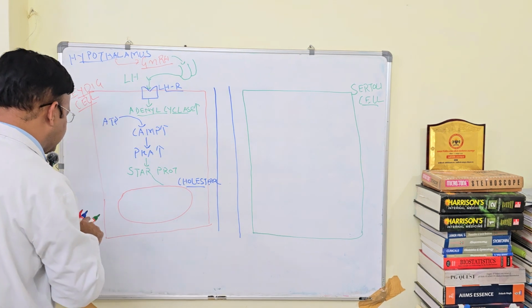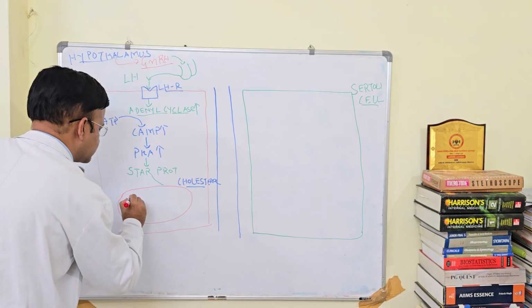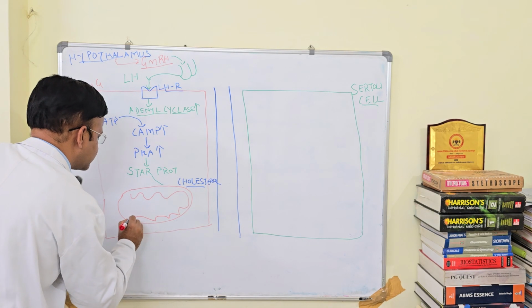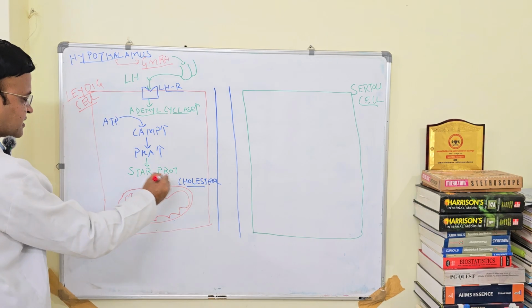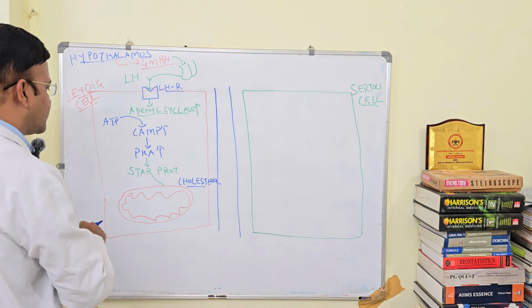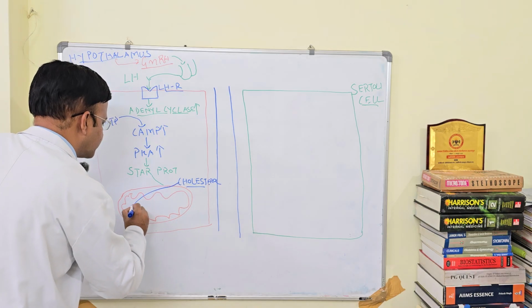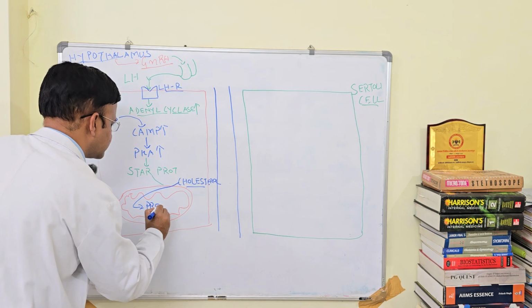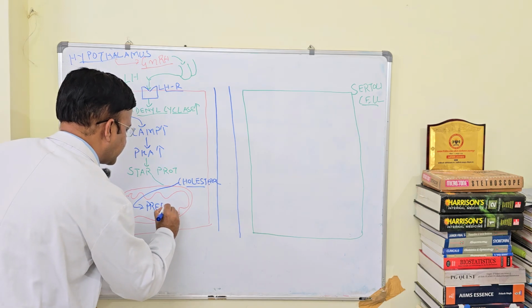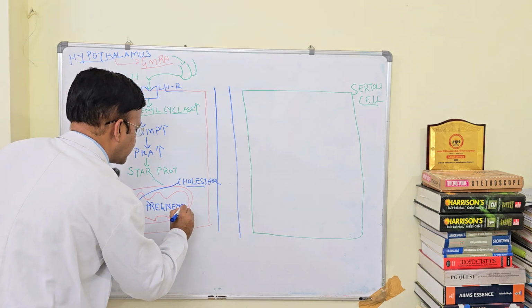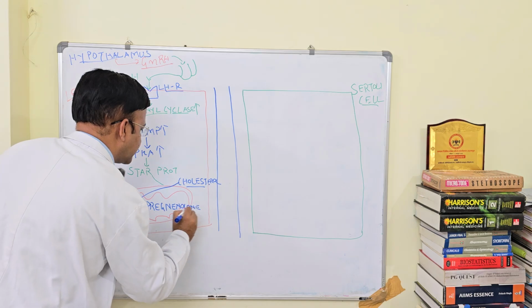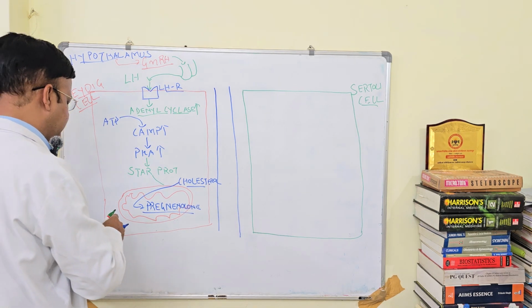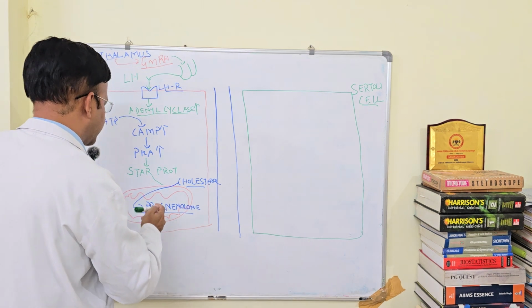This cholesterol will enter mitochondria, right? This is your mitochondria. After multiple steps, I'll just cut it short over here, it will get converted into pregnenolone, and after that it will ultimately get converted to testosterone, right?